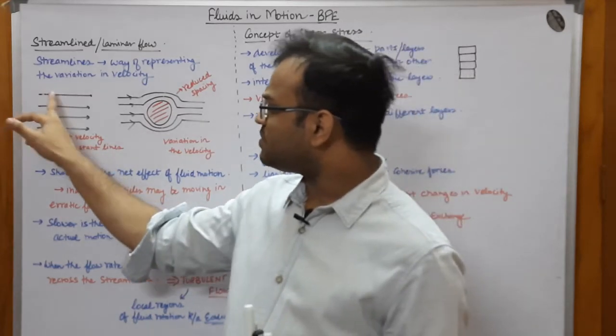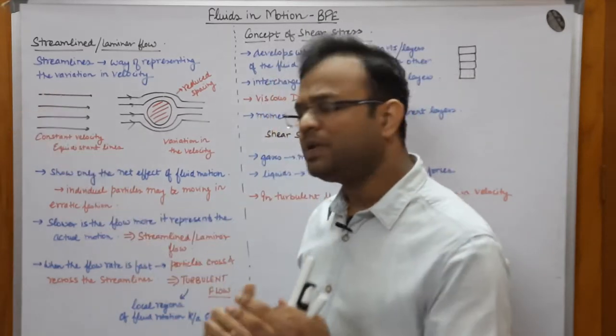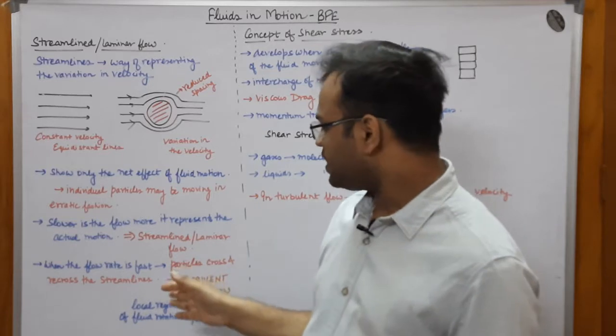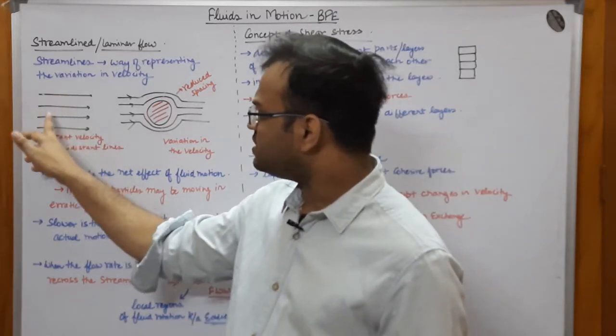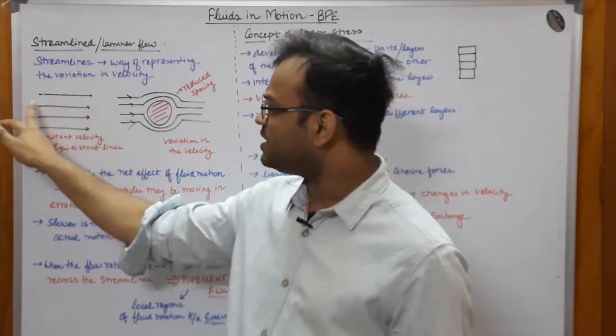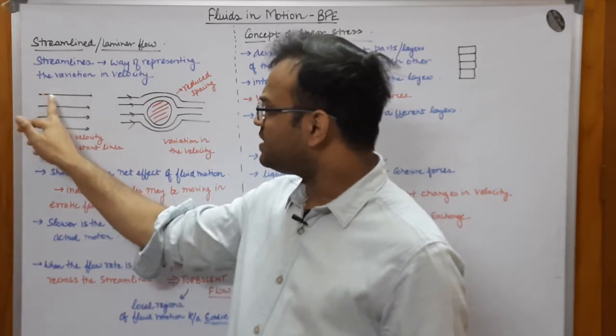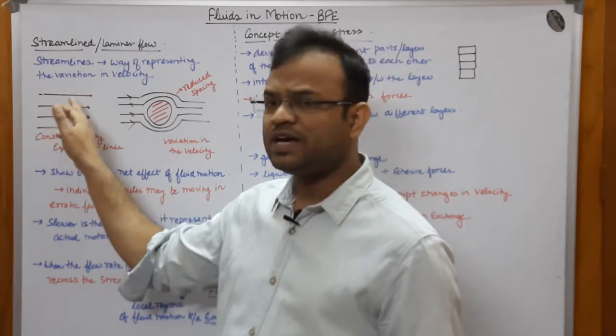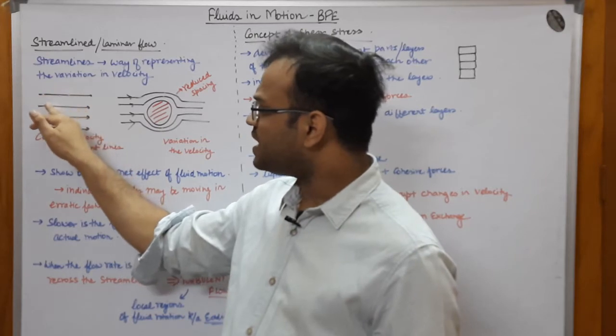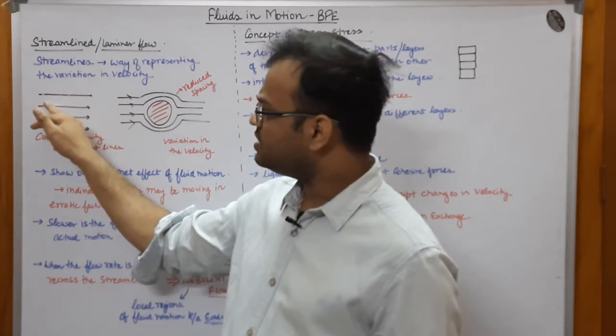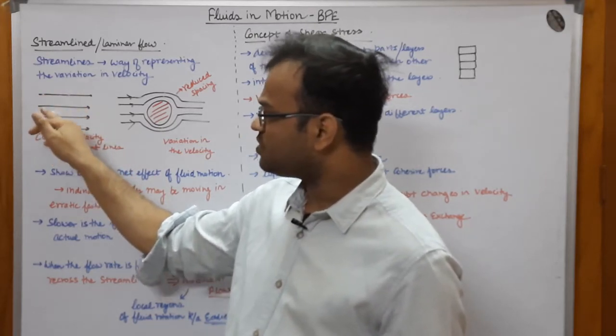The particles that are present over here, they would be more erratic, okay, and they would cross each other's way. These are the streamlines. The particles that are present in these streamlines would cross with the particles that are present over here. These would cross over with this, this would cross over with this.